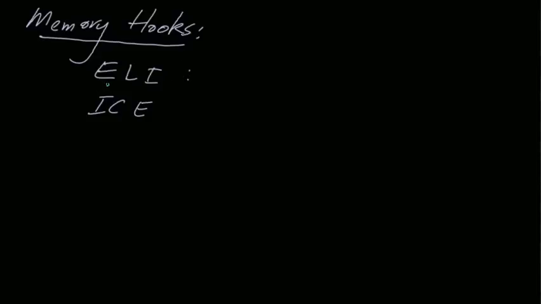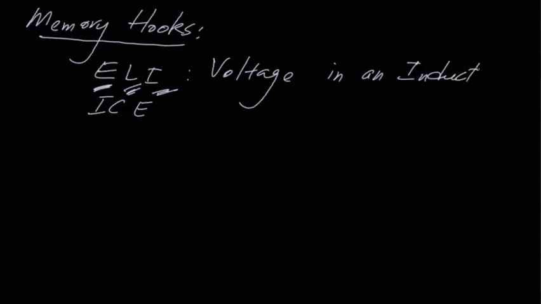In the word Eli, the letter E comes before the letter I. This simply means that across an inductor, and the L just reminds you that it's an inductor, the voltage in an inductor leads the current. Just look at the letters in Eli and you can see that the letter E comes first.